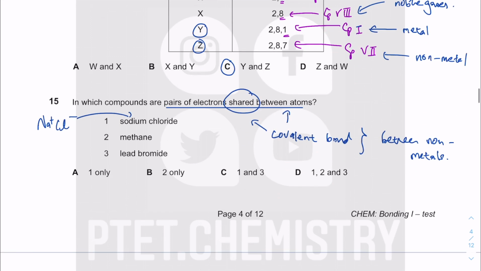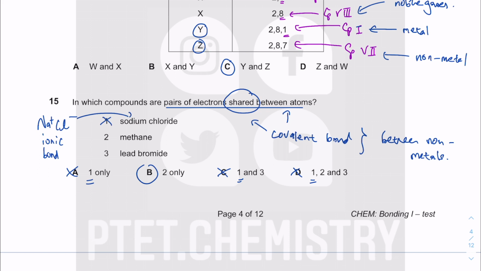Okay, so Na+ Cl-, that one is ionic bond, so it involves transfer of electron from the sodium atom to the chlorine atom. Okay, so one is definitely wrong, one is definitely wrong, one is definitely wrong, which means without even checking, there's only one answer. All right. Hang on, let me think.